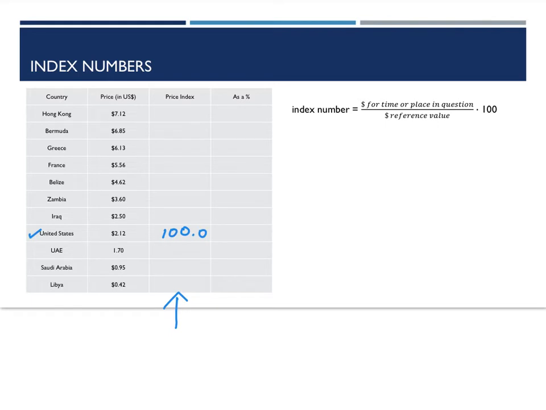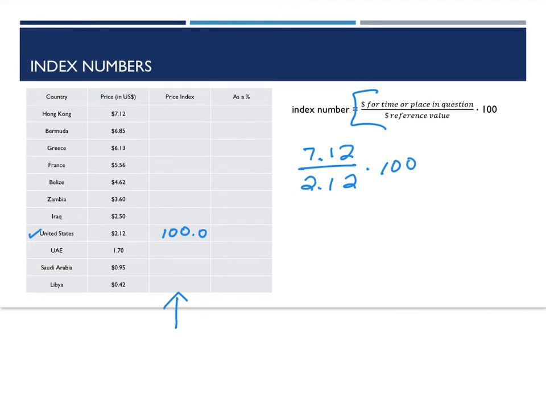Now, for every other country in this chart, I'm going to have to use this formula to compute the price index. So if we start at the top, if I want to find the price index for the price of gas in Hong Kong, I use my money for the fraction: the money for the place in question goes on top, the money for the reference value goes on the bottom, and then that's the index number for the reference value.